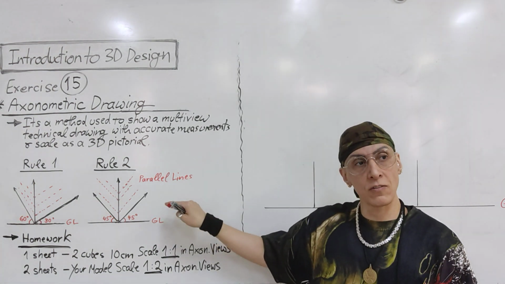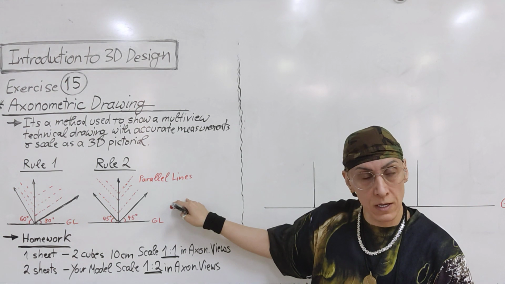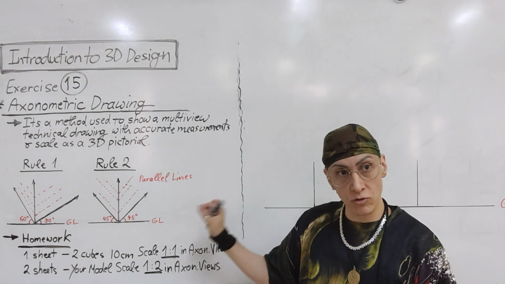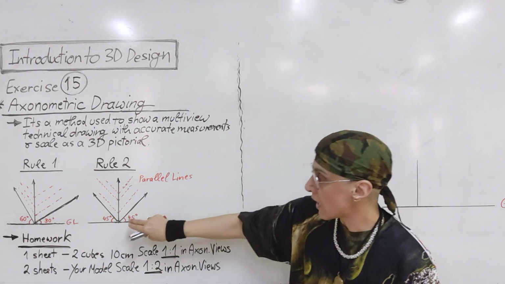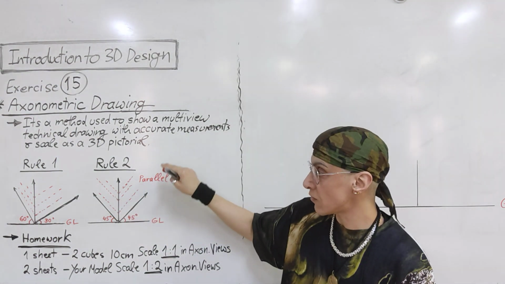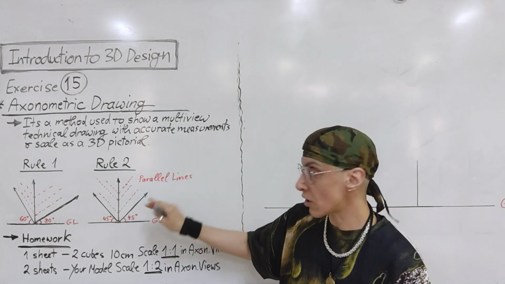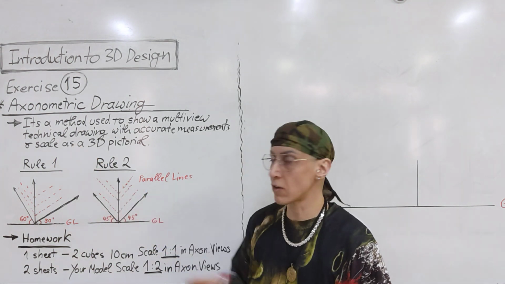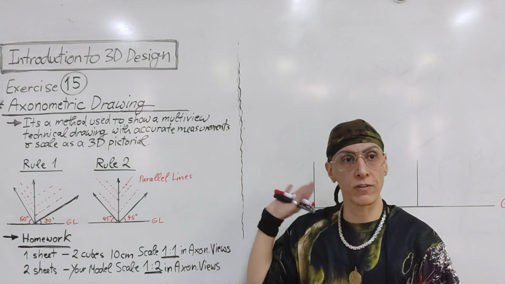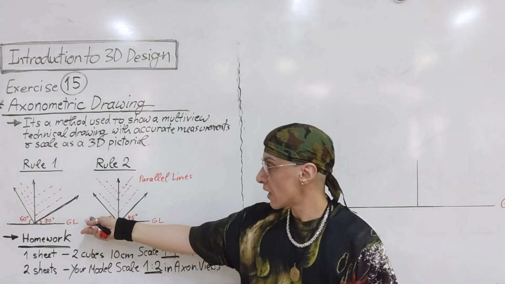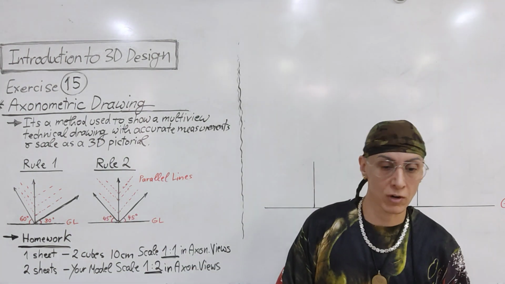But again, it is an accurate drawing. It means you're using measurements and scale to draw this. All the lines that go in this direction are parallel to each other, and all the lines that go in the other direction are also parallel. The same rules as in the isometric, just the angles changed here, okay?